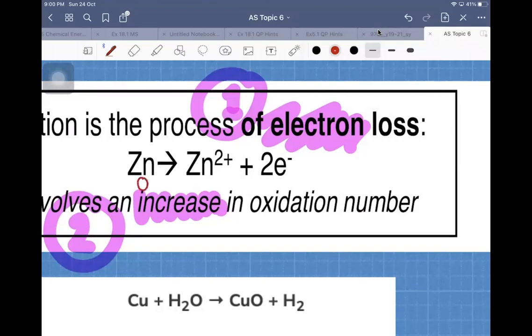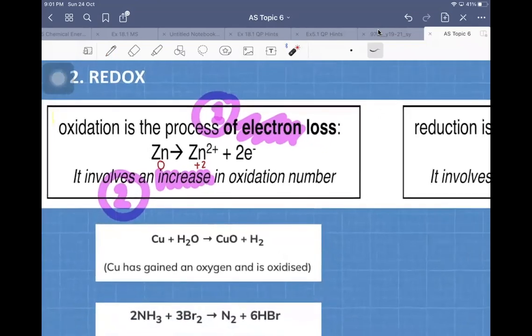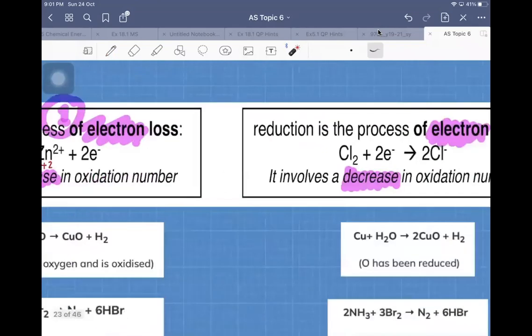Zinc 2+ is a monoatomic ion, so following rule number 3, it has an oxidation number equal to its charge. So zinc goes from 0 to +2. That is an increase in oxidation number, so it's an oxidation process.